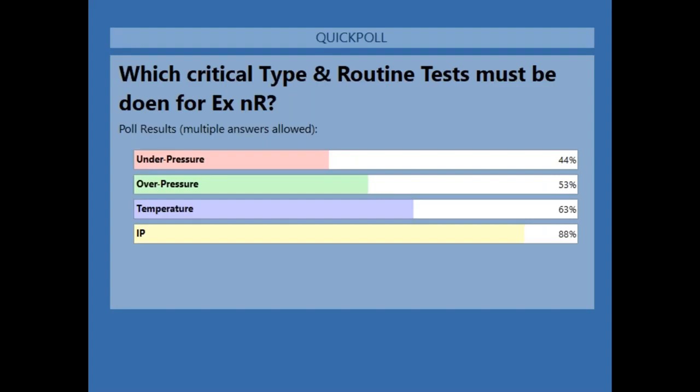Okay, so the correct answer for EX NR, the type of testing, well, definitely IP rating or IP testing, definitely temperature testing, but also you either do an under pressure test, leakage test, or an overpressure leakage test. So all answers, but under or overpressure.